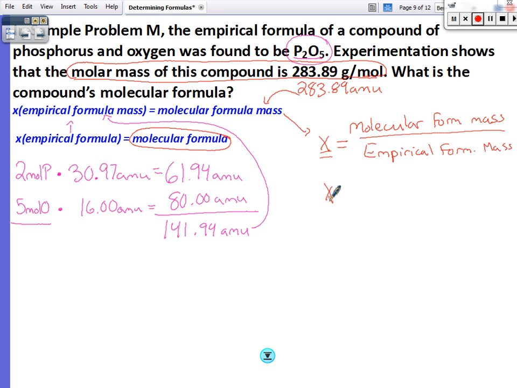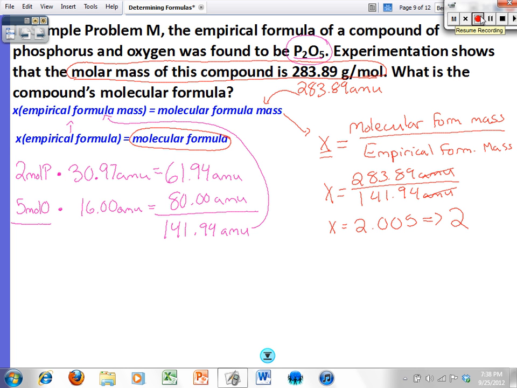Let's fill this in. So X equals 283.89 AMU divided by 141.94 AMU. Look at that, the AMUs cancel, which is nice. And I get X equals 2.005, which I can then go ahead and just say X equals 2. All right.